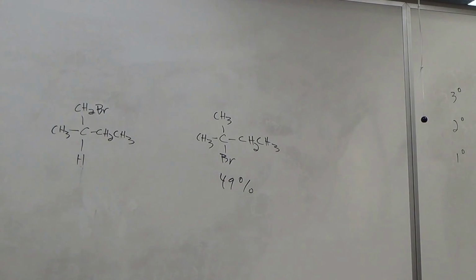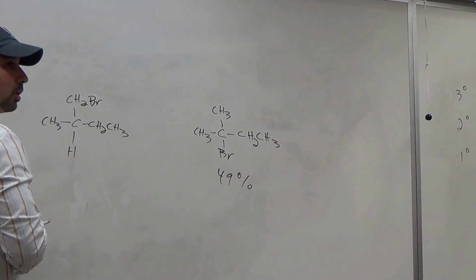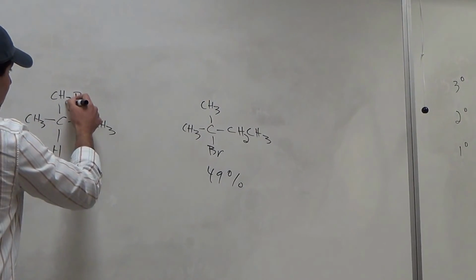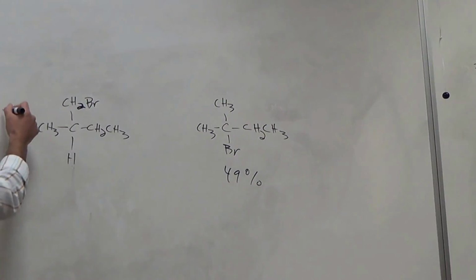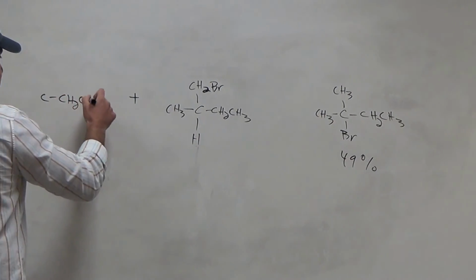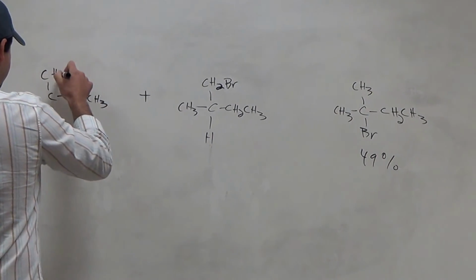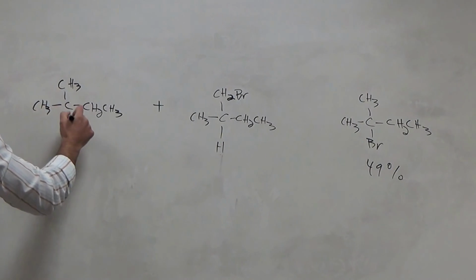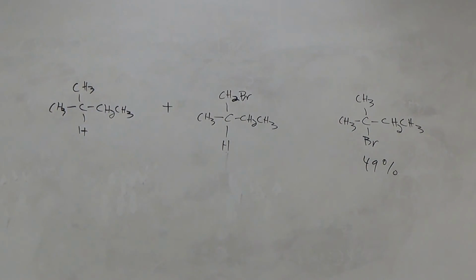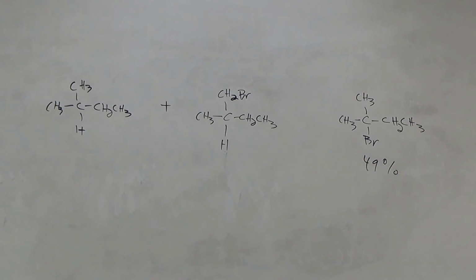How much is that? I don't know, because this is not the only primary I have, yes? I have this other primary. Which other primary do I have? This CH3 on the left.